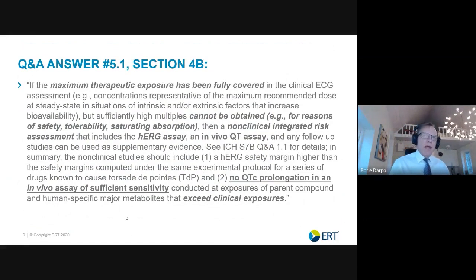Up until today, it has often been the practice, at least from FDA's perspective, to ask for a therapeutic study when sufficiently high concentrations have not been achieved or cannot be achieved in the first-in-human study.